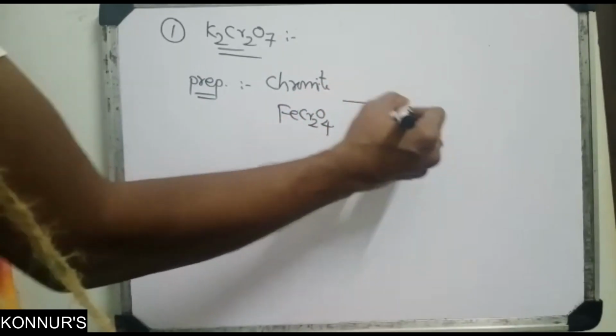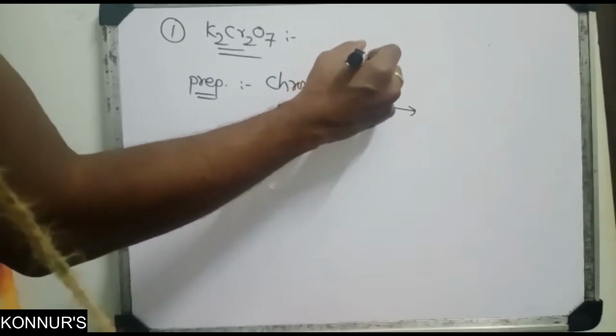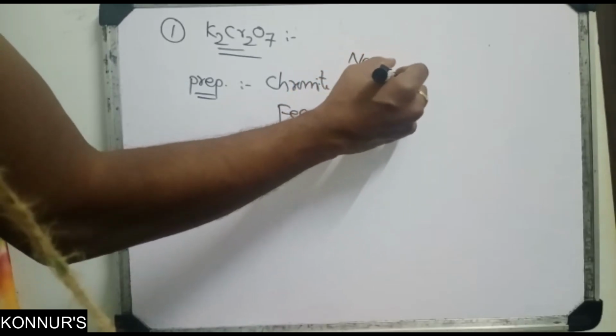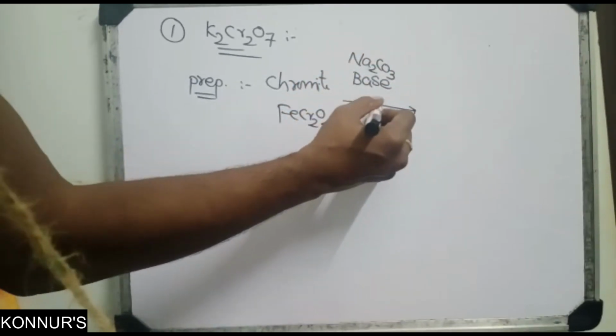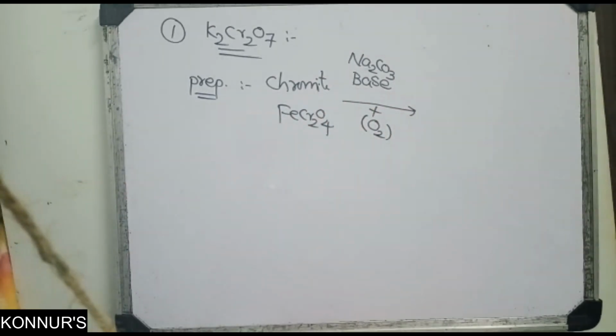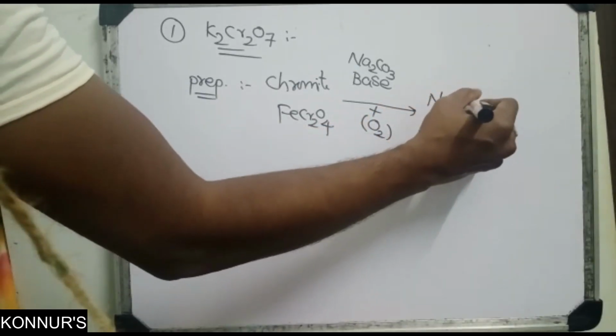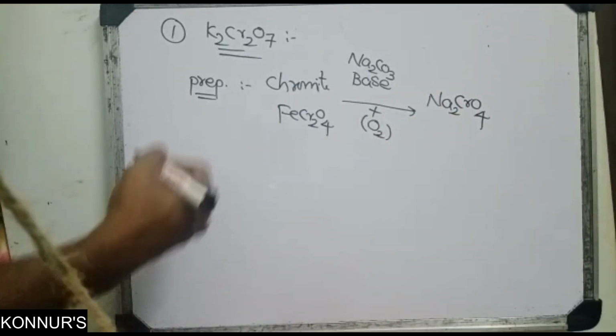It is treated with base. Base means Na2CO3 or NaOH, whatever it may be, in the presence of air, oxygen compulsory. When heated, it becomes sodium chromate, Na2CrO4.